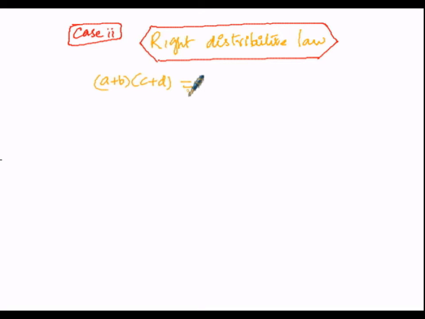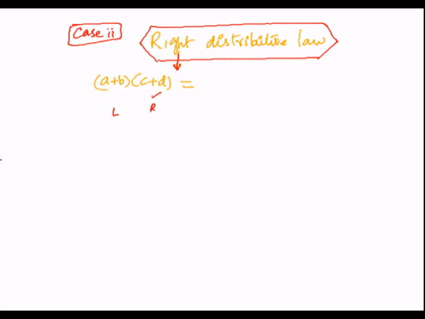Since we are applying the right distributive law, the right side binomial is c plus d and the left side binomial is a plus b. Each and every term of the right binomial, c plus d, must be multiplied with the entire bracket, that is, the left binomial.